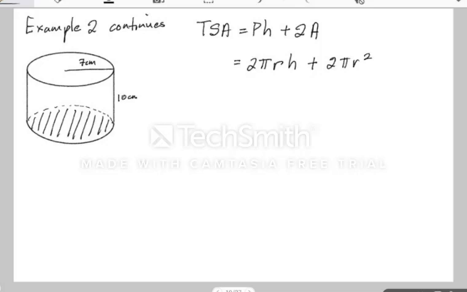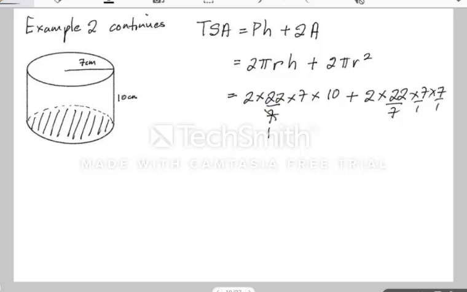All right. So this is 2 times 22 over 7 times 7 times the height, which is what? 10, plus 2 times 22 over 7 times 7 times 7. All right, let's do some work here.